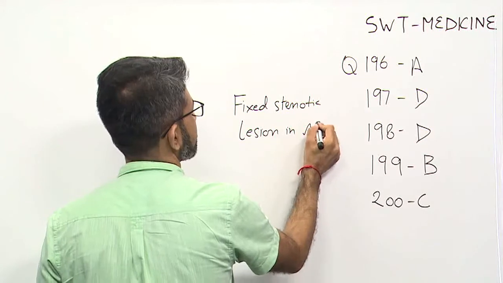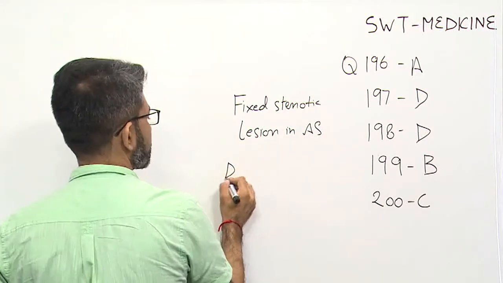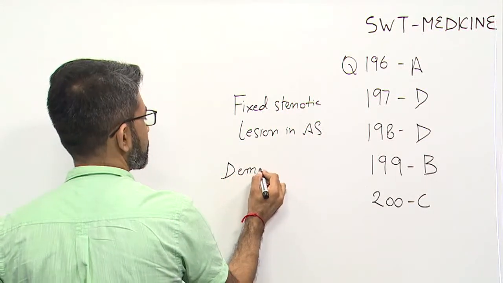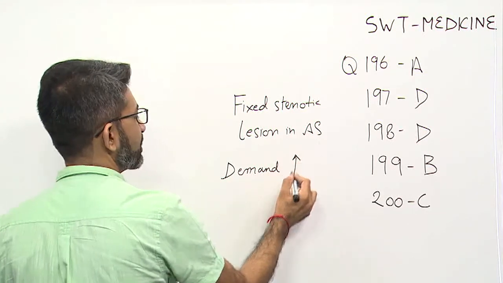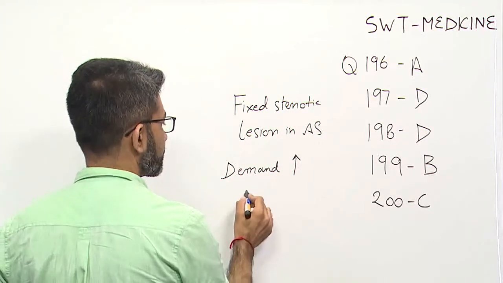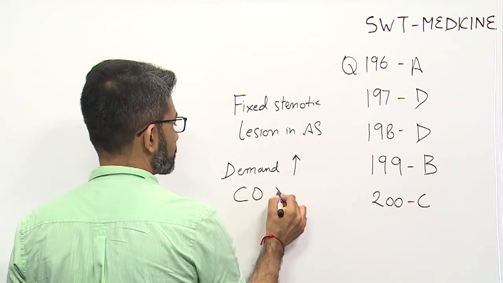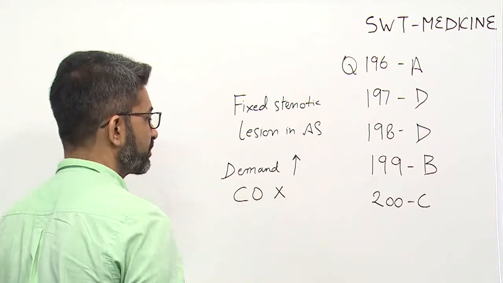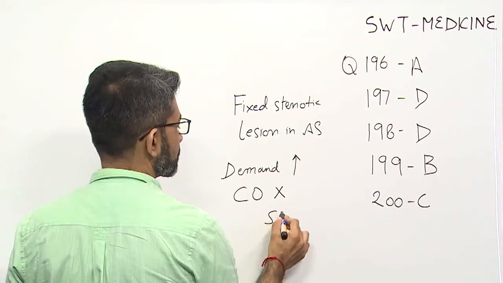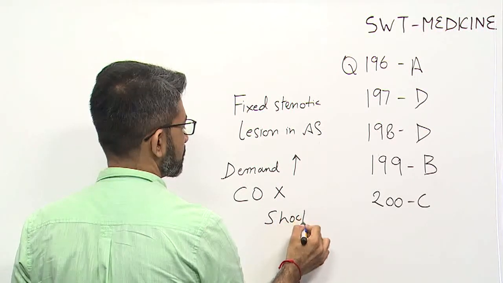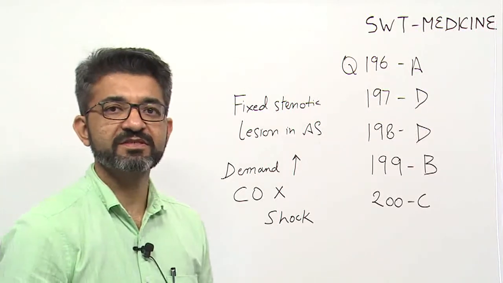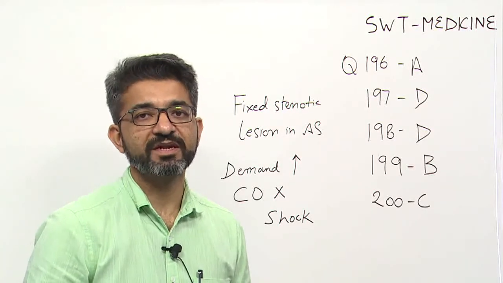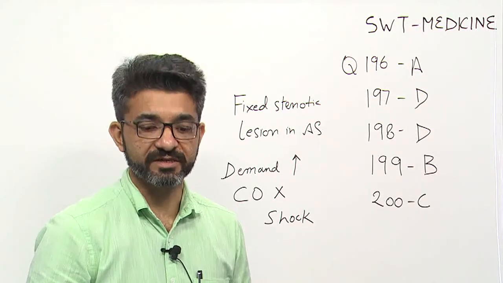So, say for example, patient starts exercising and demand increases, the cardiac output does not match the demand, and the patient goes into shock. So, even a milder form of exercise with severe aortic stenosis may land up in sudden cardiac death.